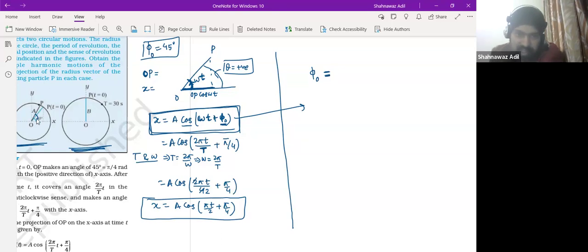In this case, the phi naught was 45 degrees, right? In this case, what is phi naught? Where is the blue line, guys? The blue line is the initial condition, at t equal to 0.